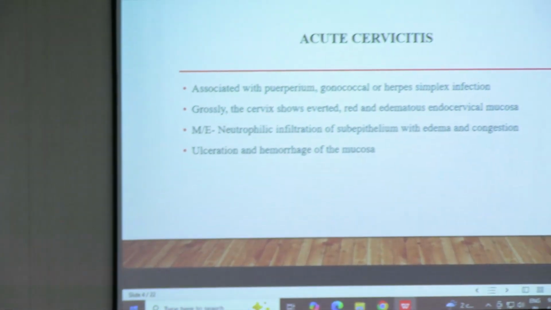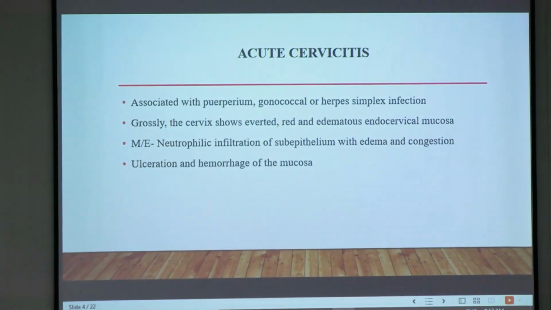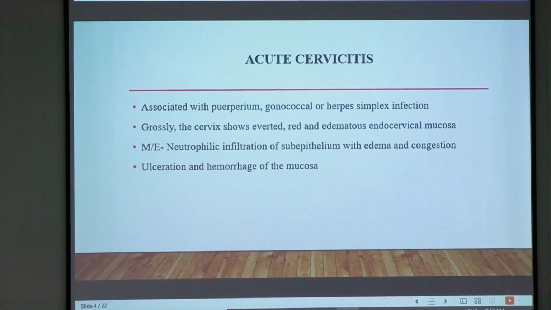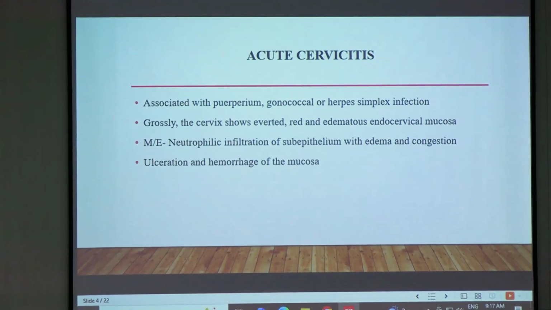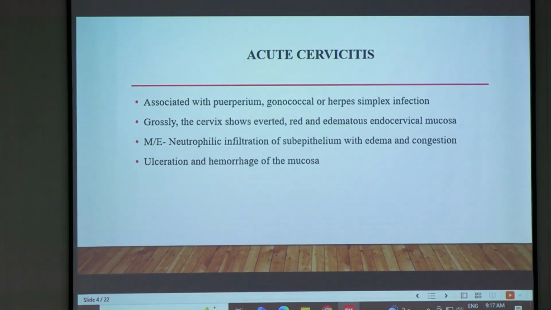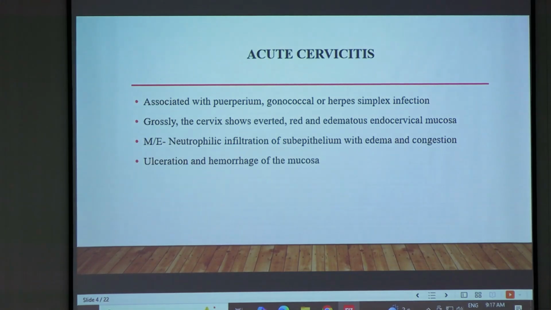So this is how you study and correlate. Now let's go to the pathology proper. We will start with acute and chronic cervicitis. Very simple and small topics. As it is cervicitis, itis means inflammation, right? And inflammation can be acute or chronic, mainly two types. So what are the acute inflammatory cells and what are the chronic inflammatory cells?